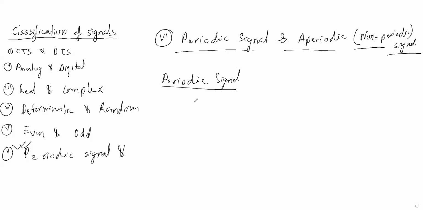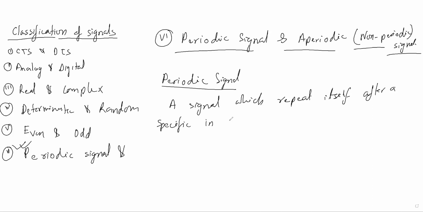So what is called periodic signal? You can write like that: a signal which repeats itself after a specific interval of time is called periodic signal.